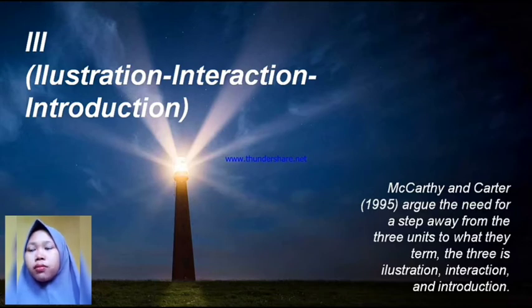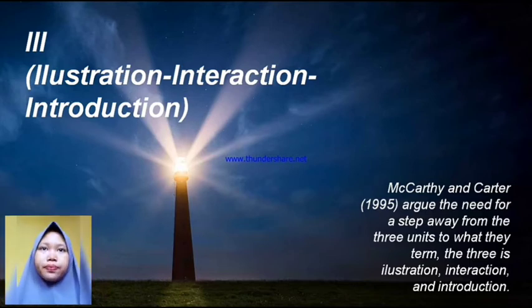McCarthy and Carter, 1995, argue the need for a step away from the three units to what they term the three I's: illustration, interaction, and induction. Illustration means examining real data in specific contexts.